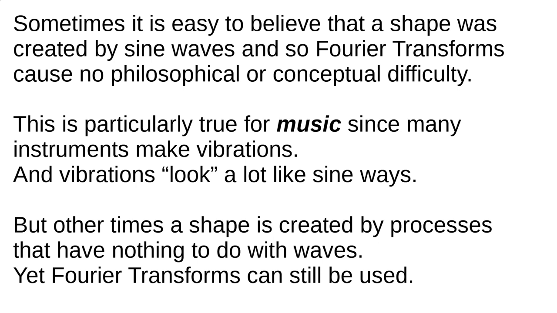This is particularly true for music, since many instruments make vibrations, and vibrations look a lot like sine waves. But other times a shape is created by processes that have nothing to do with waves. Yet Fourier transforms can still be used.